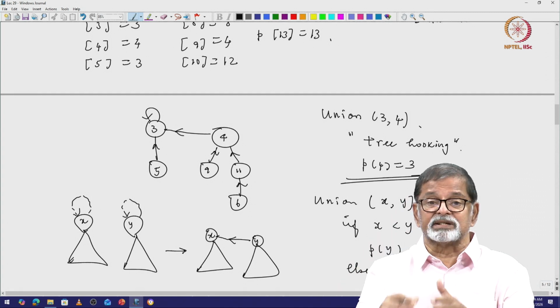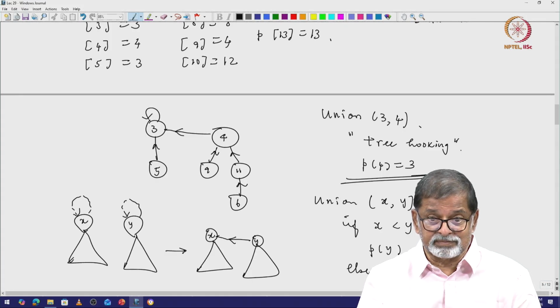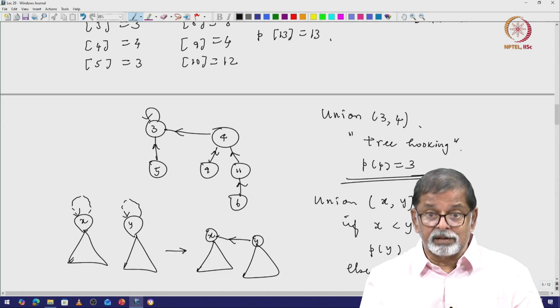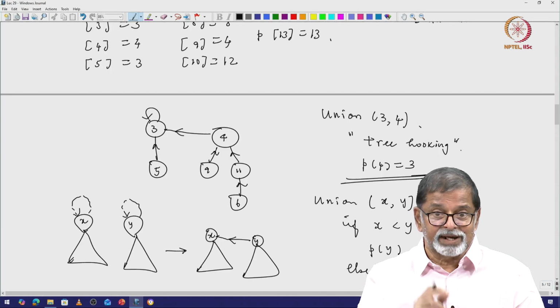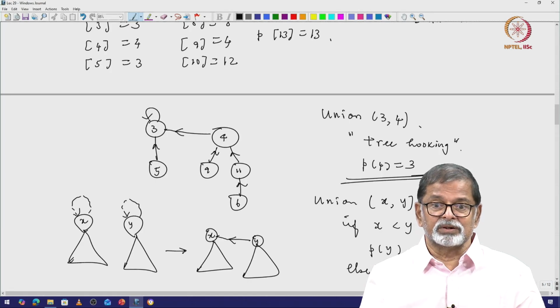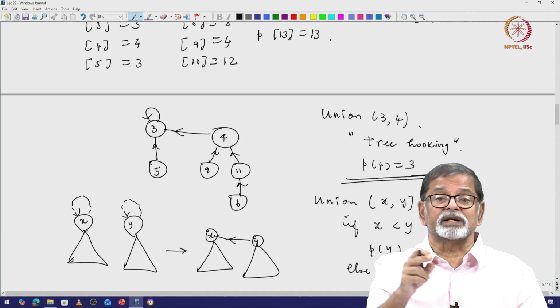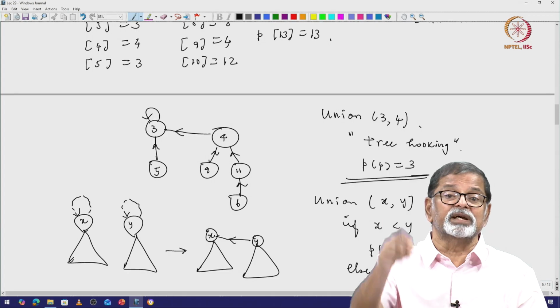For example, what is find of 6? Parent of 6 is 11, parent of 11 is 4, parent of 4 is 3, parent of 3 is 3. That is the characteristic of the root. Only the root will have a self loop, the parent value is the same.